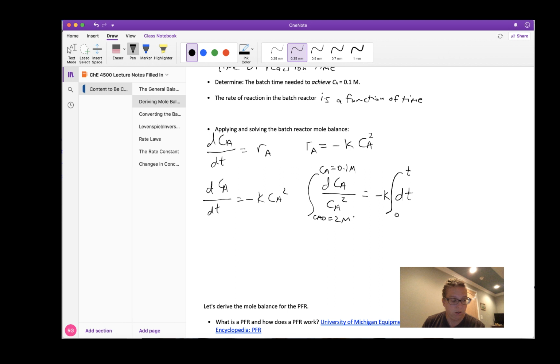If I integrate, this is basically CA to the minus 2, so the integral of that should be minus CA to the minus 1.